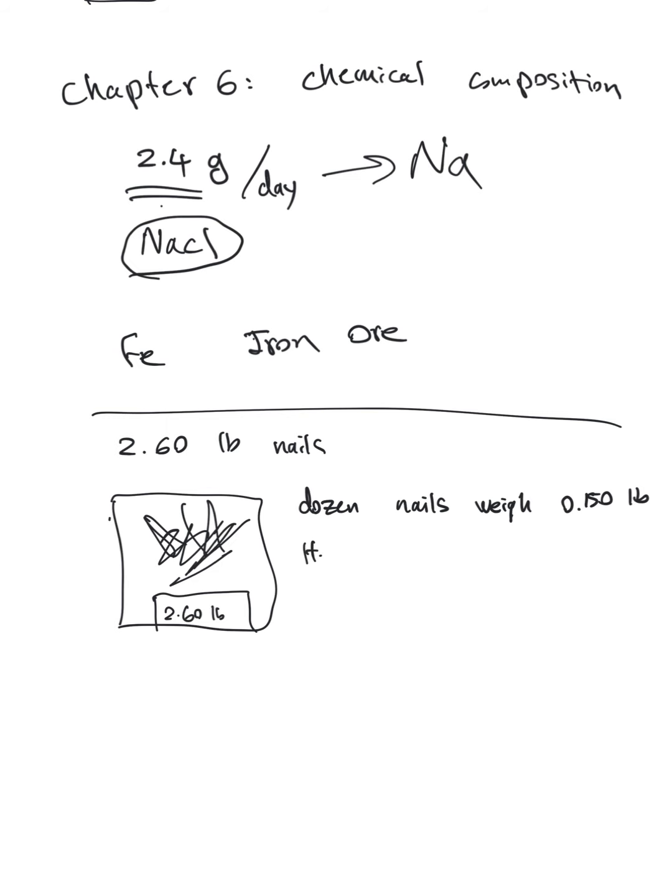In other words, imagine you bought a certain amount of nails, and we don't know exactly how many there are, because as we said, it's really hard to distinguish them one by one.